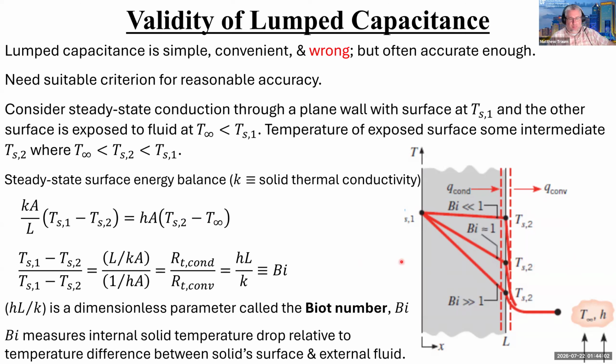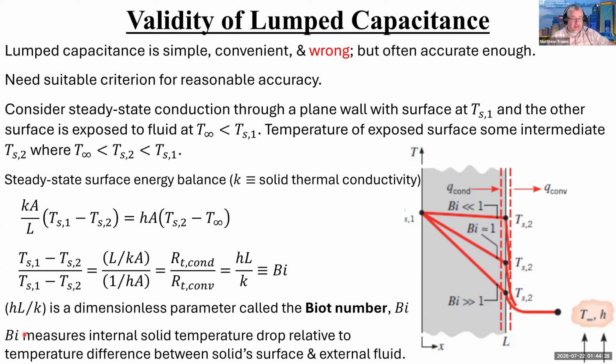So your Biot number is essentially a dimensionless temperature ratio, with the internal temperature profile in the numerator and the external temperature profile in the denominator, like how much delta T is pulling heat out from the surface. So that's the Biot number.